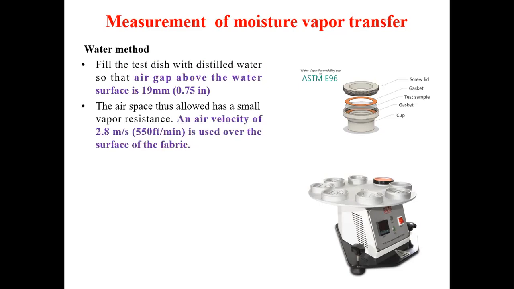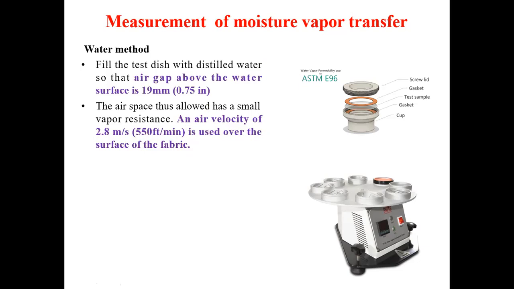The air space was allowed to have a small vapor resistance. An air velocity of 2.8 meter per second is used over the surface of the fabric. Why should there be air velocity? Because after evaporation, the vapors will remain above the surface of the water.